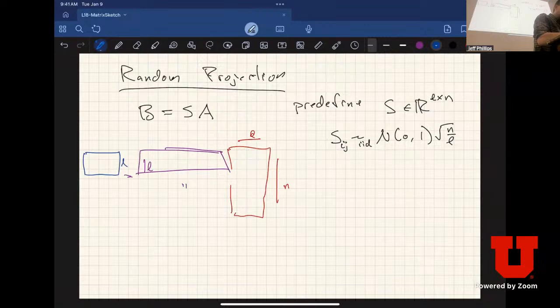This will be L times D. Actually, I should make it longer here. We'll see why in a minute.